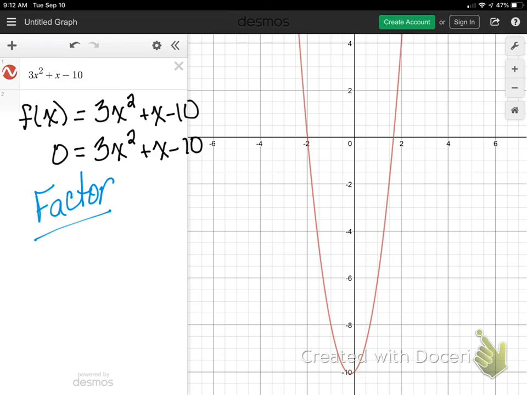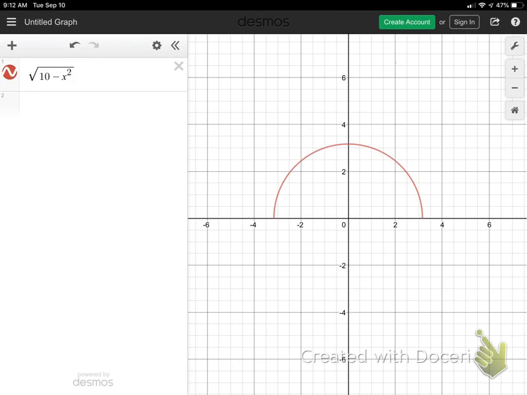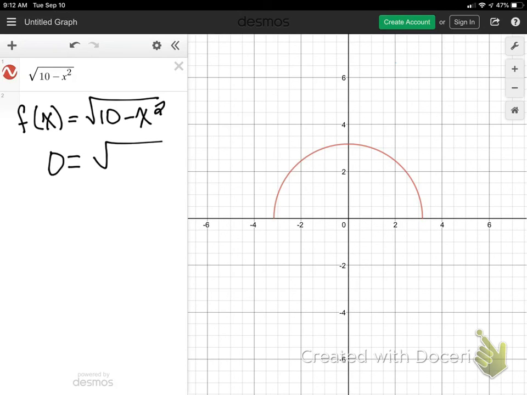Now, 13 and 14 you might have forgot how to do. So I'm going to remind you. Okay? We are still going to set this equal to 0. So it's the square root of 10 minus x squared. We set it equal to 0. What do I do to get rid of the square root? You did it in Math 131.